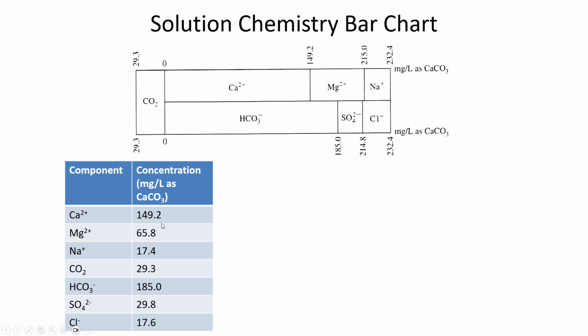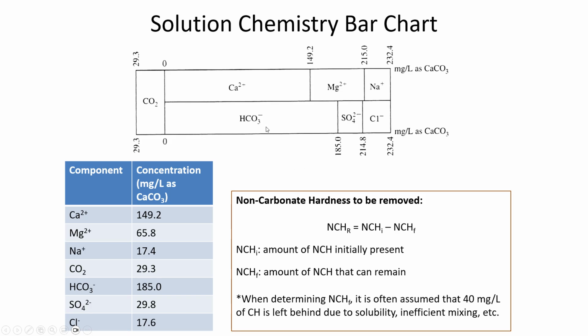Now, graphing the amount of bicarbonate in the solution allows us to see how much of the hardness is carbonate and non-carbonate. So hardness overall here is the total sum of the cation species. There's 215 total milligrams per liter of hardness because that's the calcium plus the magnesium.